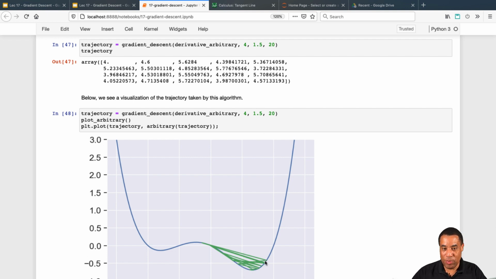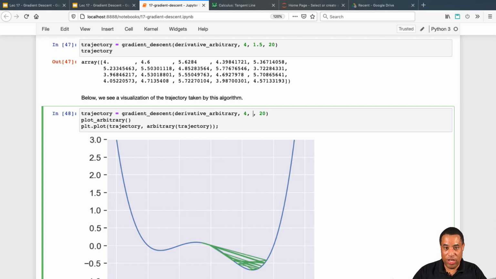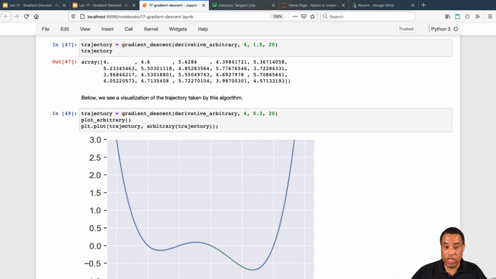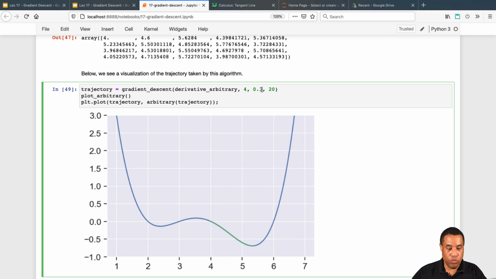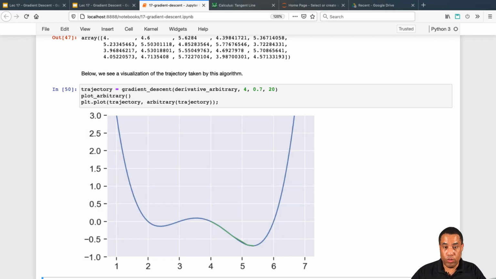We just kind of ping pong back and forth and don't actually reach the value we were looking for. We could look at 0.3, and it's a little hard to see here, but it actually basically follows the curve. Instead, we could look at 0.7, and we'll see something similar. It basically follows the curve in finding it pretty quickly.